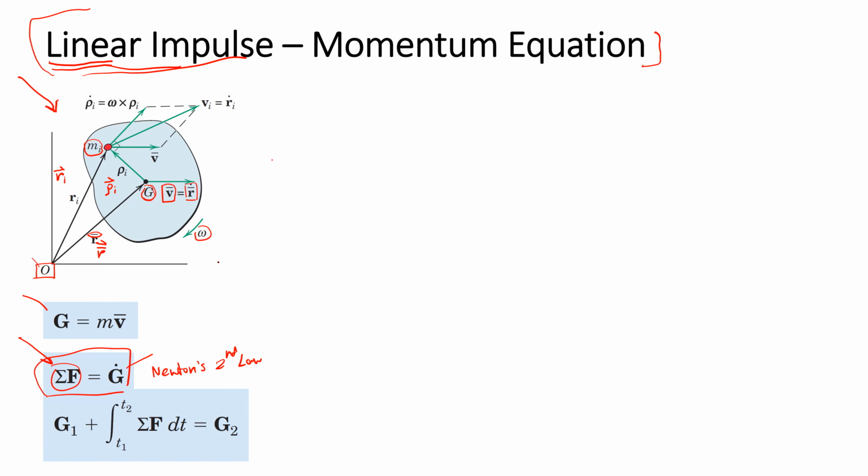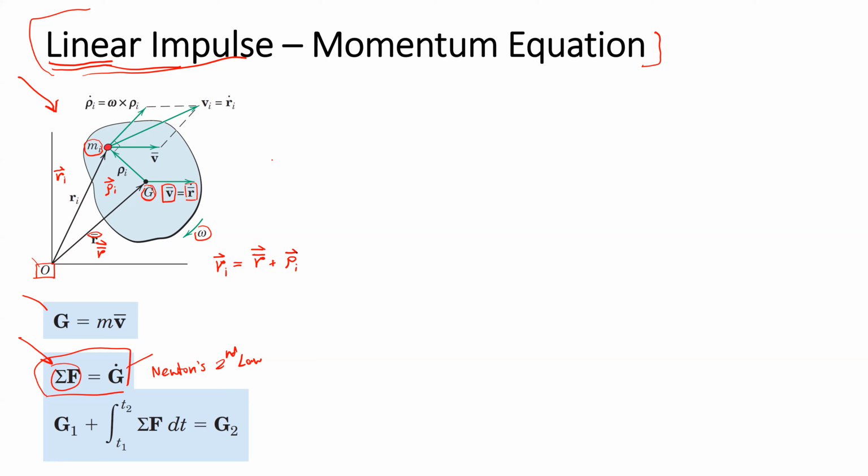So we can see that the position vector of particle i may be formed from the position vector of the center of gravity and the relative position vector. We may write it like this.